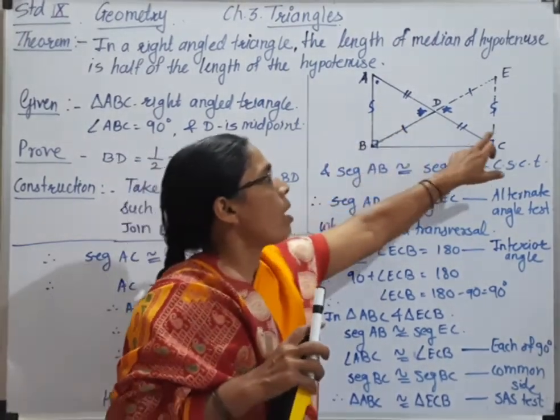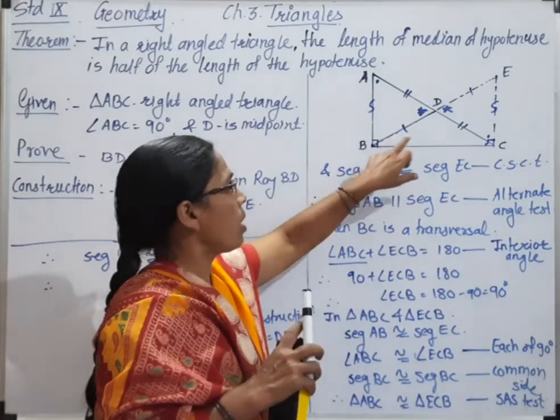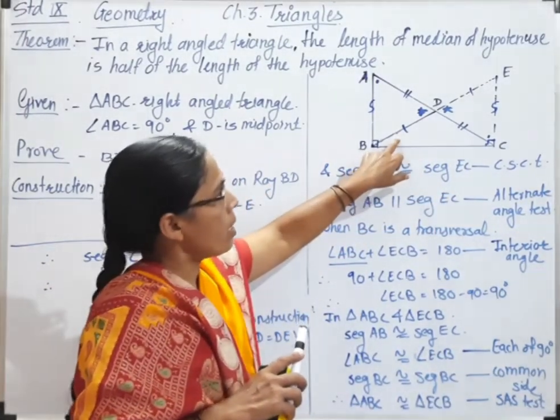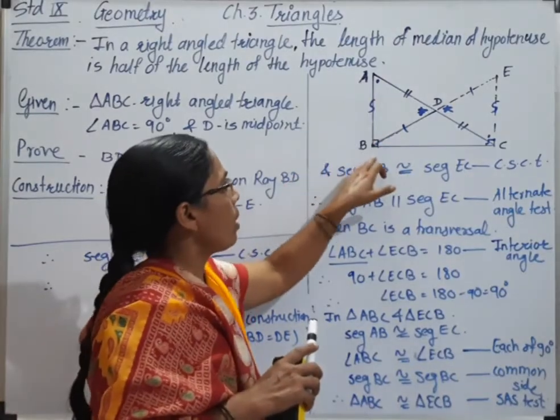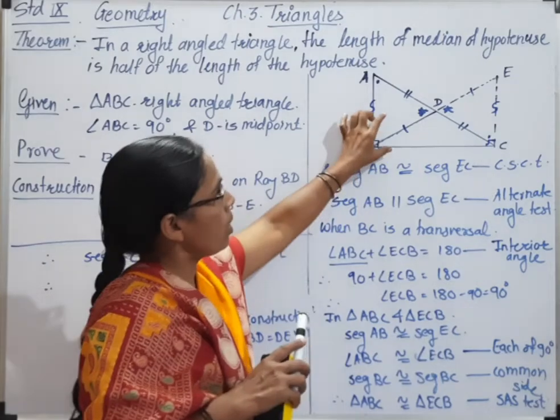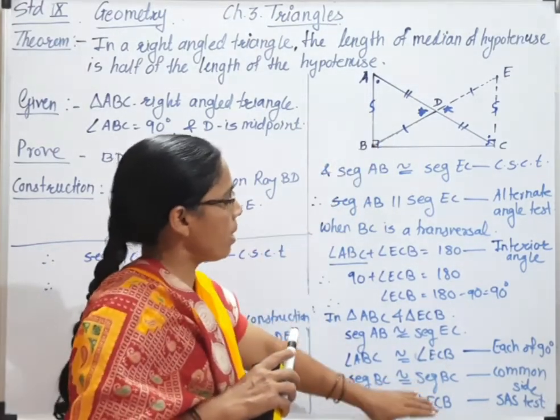And if these two lines are parallel and this is a transversal, then these two angles are interior angles, and as we know, interior angles are supplementary. Then you can take the two triangles ABC and BEC, so that these two triangles are also congruent by SAS test.